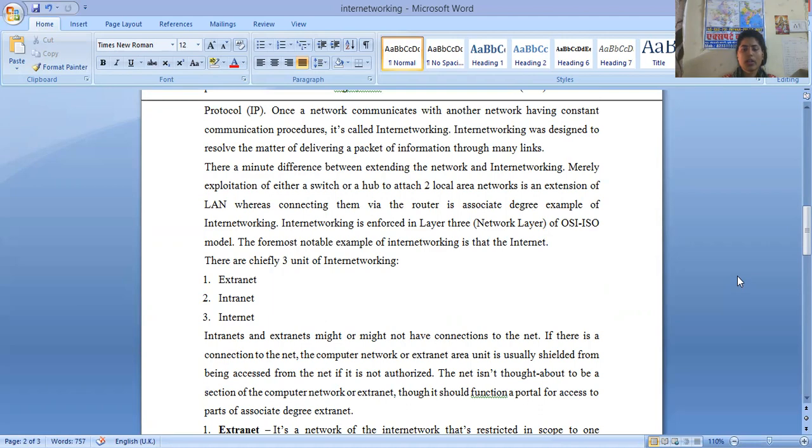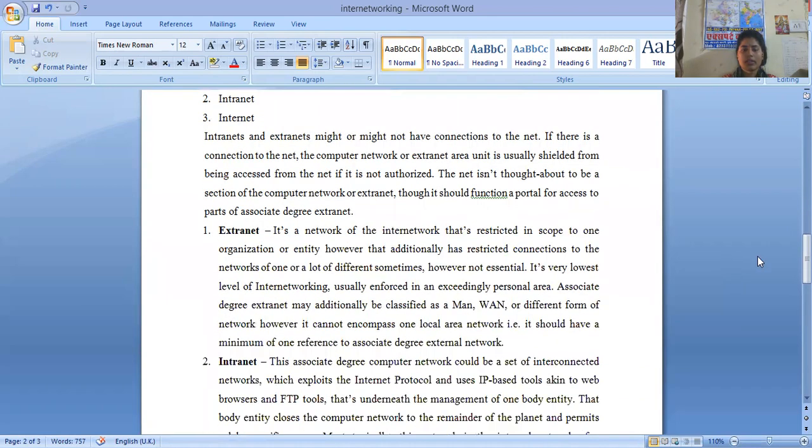If we talk about the extranet, this is a network of internetwork that is restricted in scope to one organization or entity. However, it additionally has restricted connections to the networks of one or lots of other organizations, though not essentially.